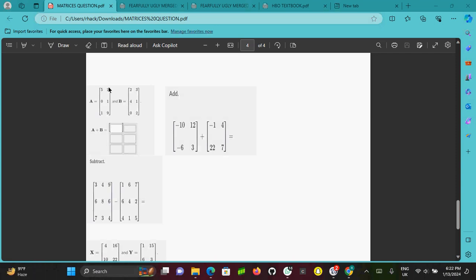So we choose 2, the 3 by 2 option. Now we input the figures for matrix A. We have 5, 2. You press 5, then equal, which sends you to the next side. Then 2, then equal, then it brings you down. Then 0, equal, 1, equal, 1, equal, 9, equal.